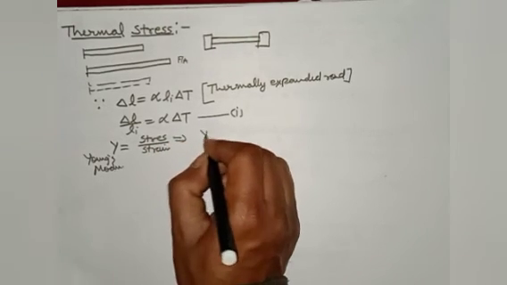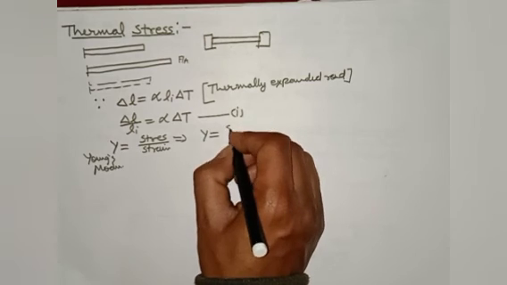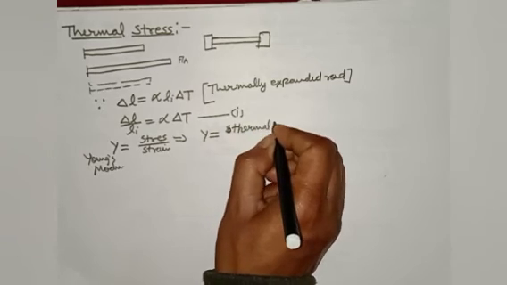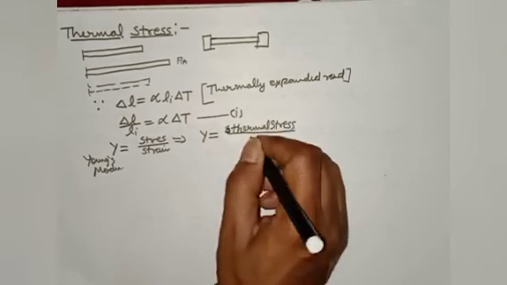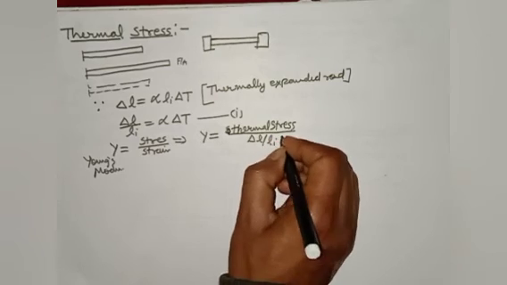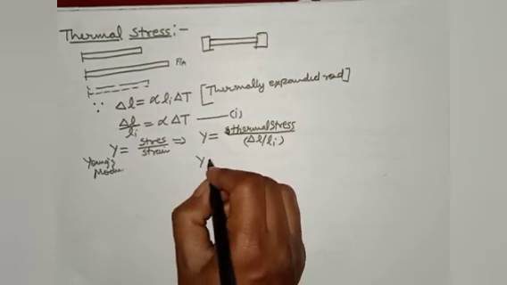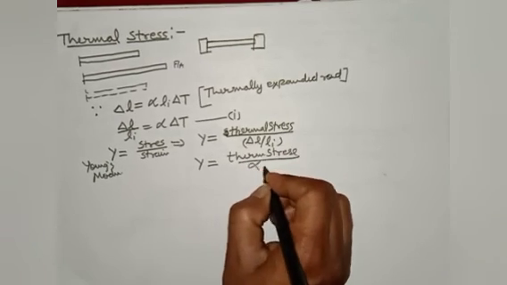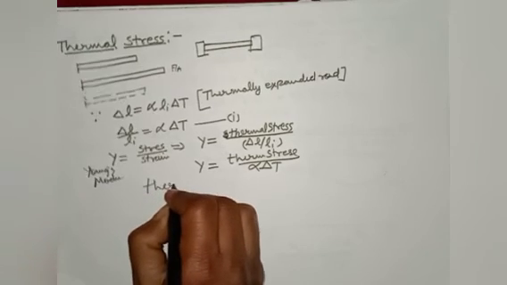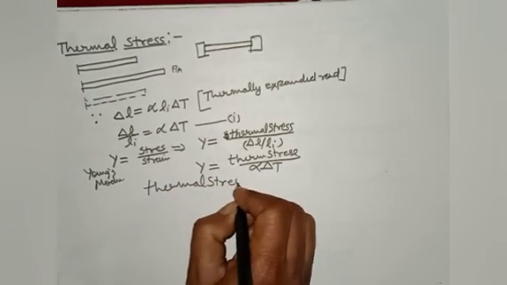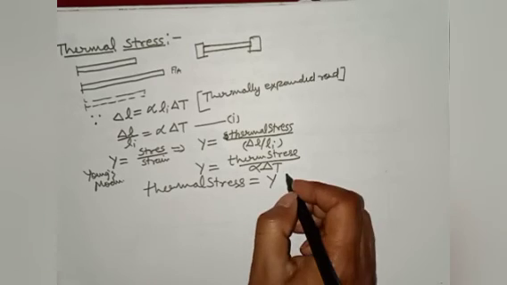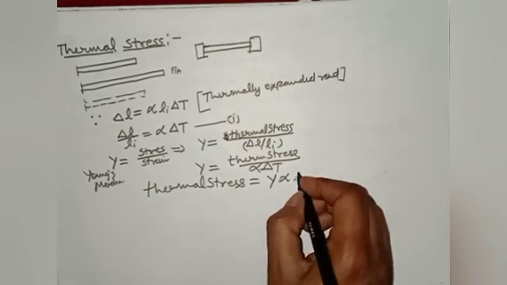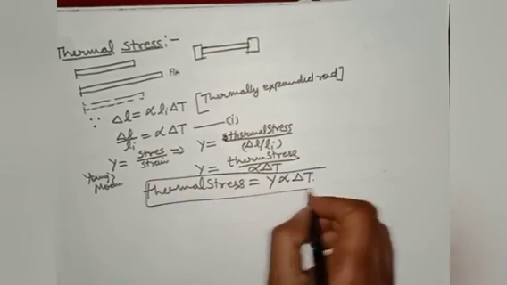So Y equals thermal stress upon strain, delta L upon Li, which is alpha delta T. So Y equals thermal stress upon alpha delta T. So thermal stress equals Young modulus times the coefficient of linear expansion times delta T. This will be the thermal stress.